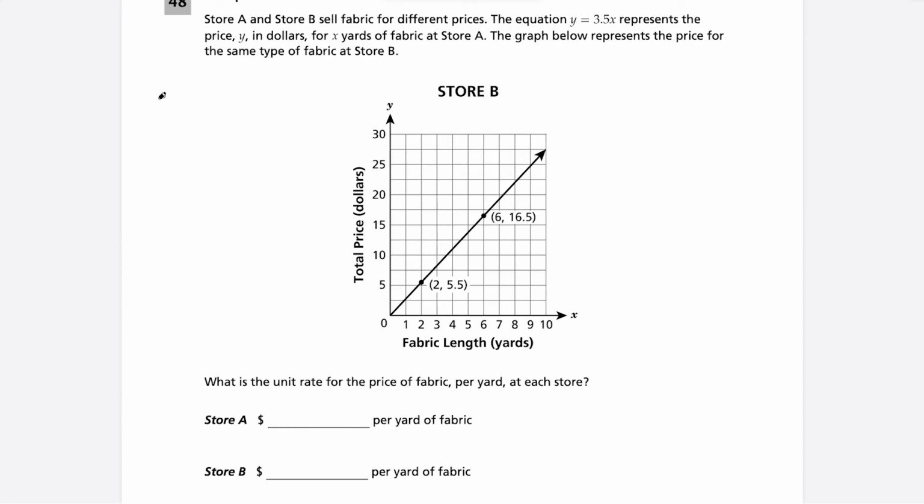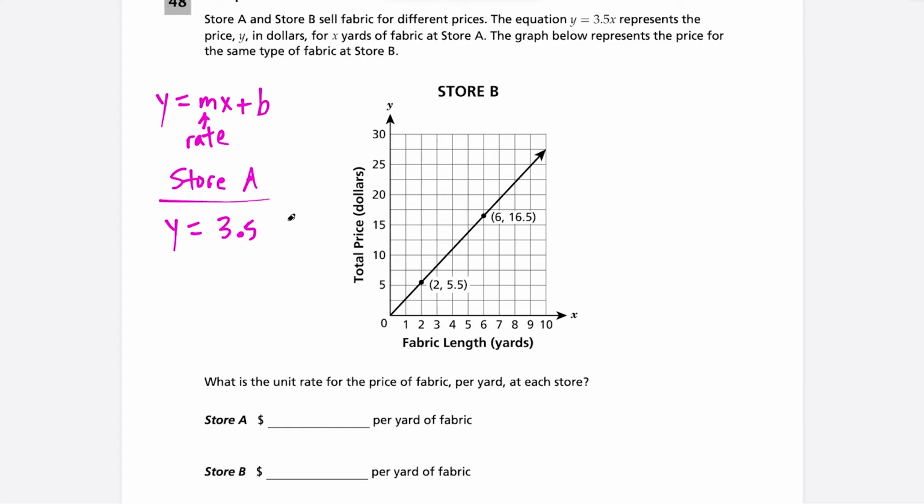So once again, we're using the formula y equals mx plus b. And remember, m represents the rate of change. This is telling us, in the context of this question, how much it costs for fabric, the price per length in yards. So if we look at store A, they gave us the equation for the total price: y equals 3.5x.